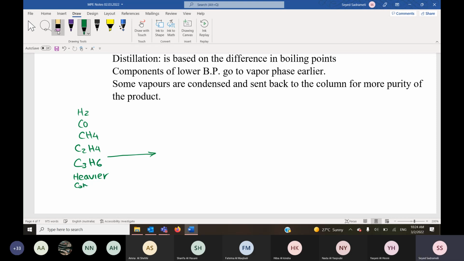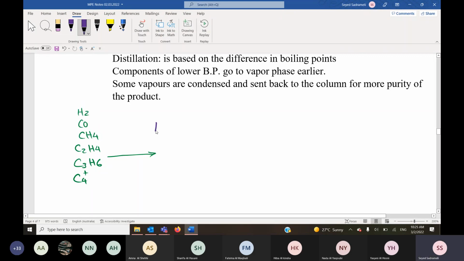Let's name the heavier ones C4 plus. So we call it C4 plus, which are heavier components. Okay, they first go to the first column.